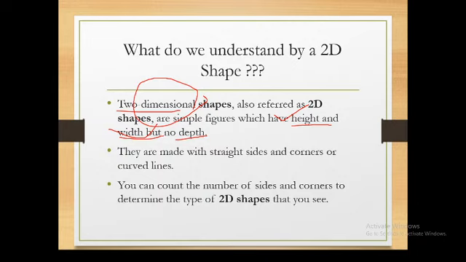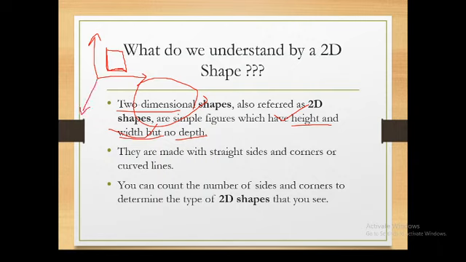Now how do we represent it in two dimensions? These are your two dimensions. So any two dimension, if it is represented, here we can draw a 2D shape. There are only two dimensions. One is this dimension and another is this dimension. The third dimension over here is missing.